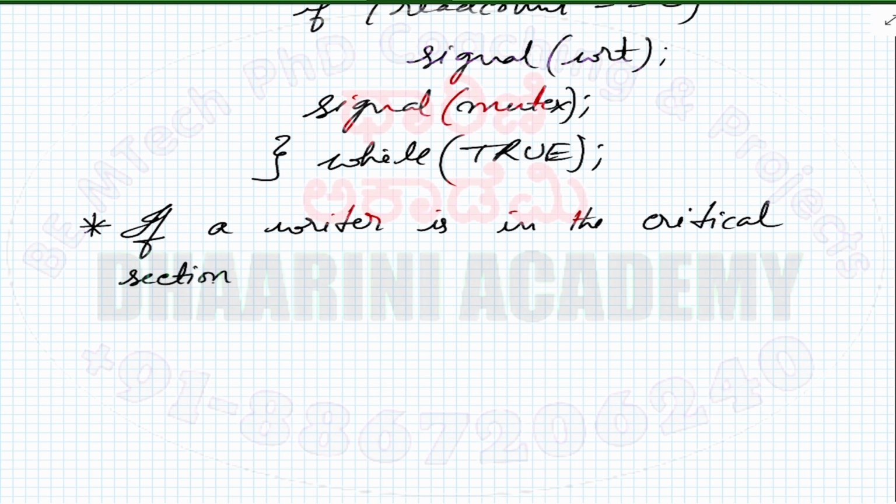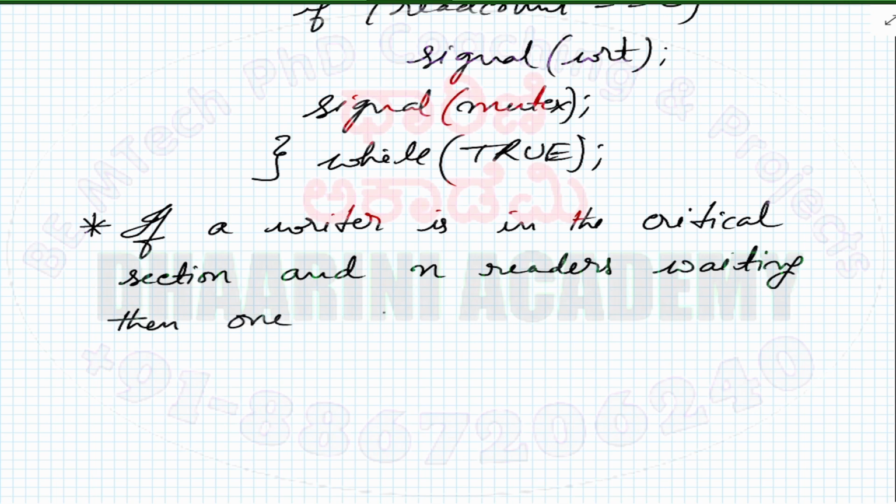if some writer is in the critical section and let's say there are n readers waiting, then one of the readers is going to be queued on, let's say, WRT.